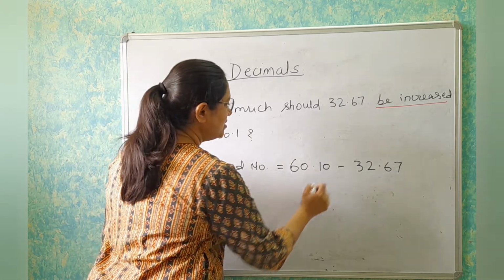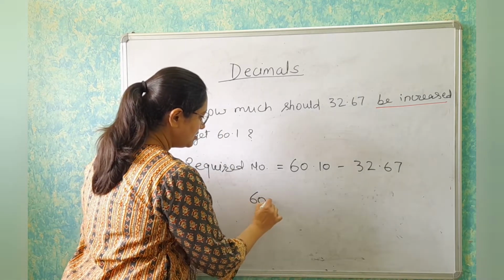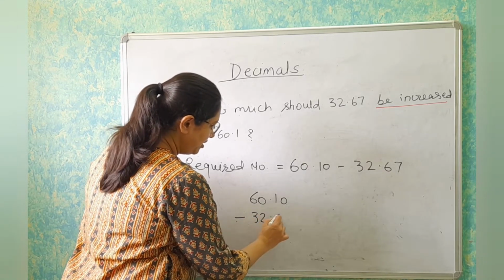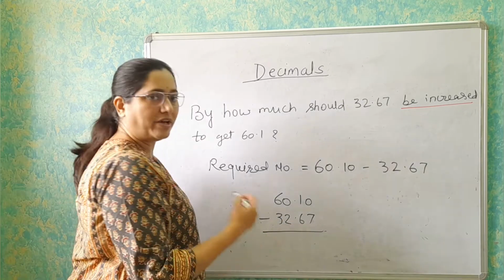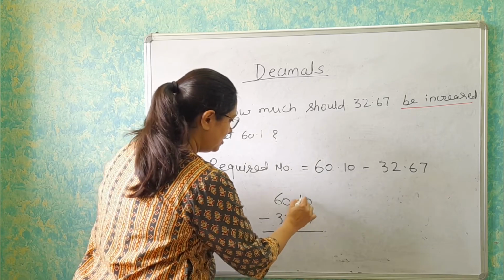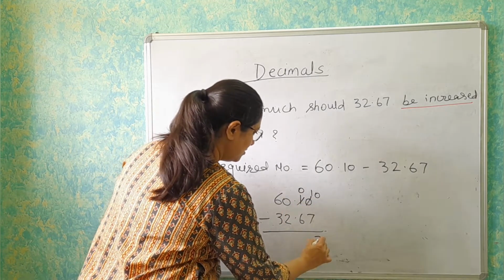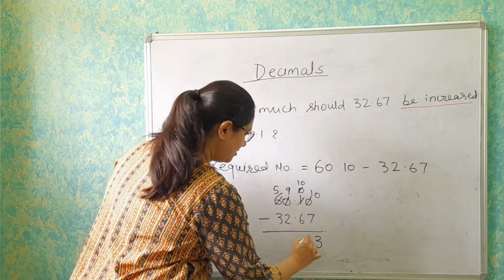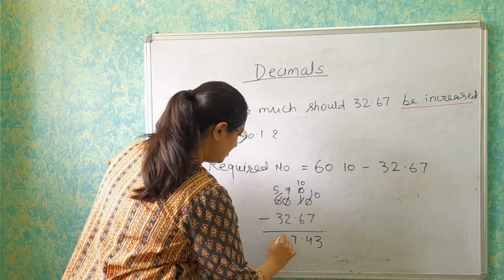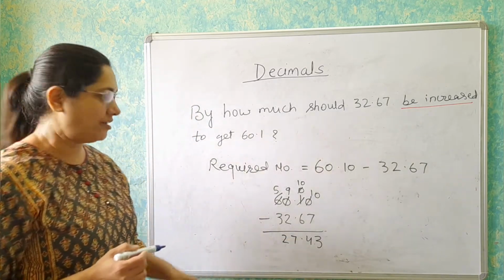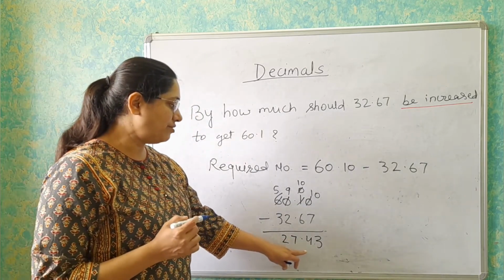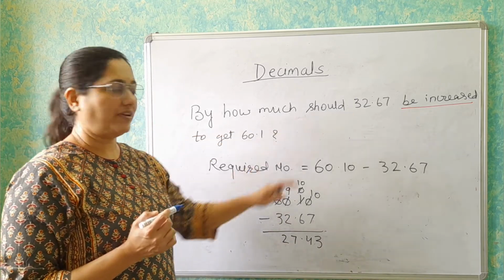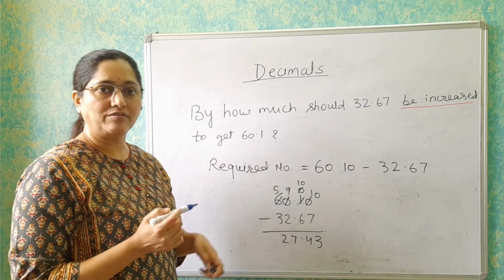So I will put 0 and now the number becomes 60.10 minus 32.67. Now I have to simply subtract the numbers. This is the answer. The required number is 27.43, which is to be added to 32.67 so that it becomes 60.1.